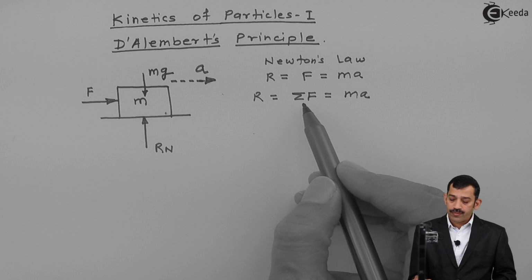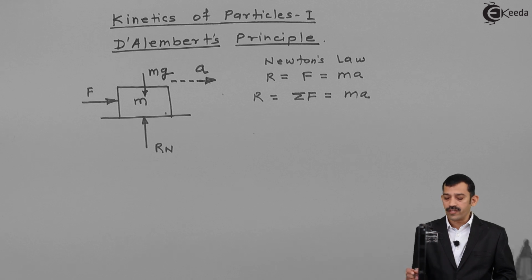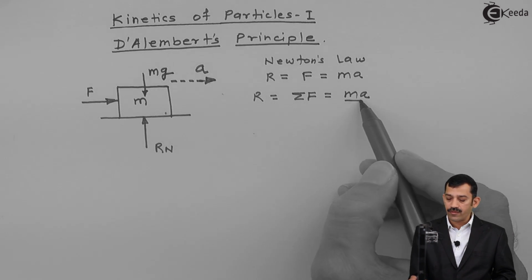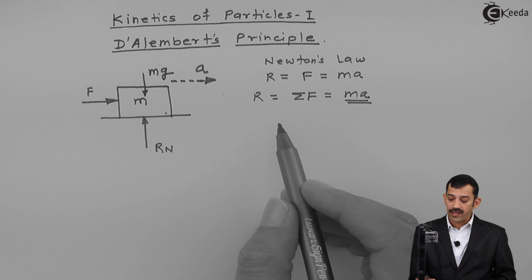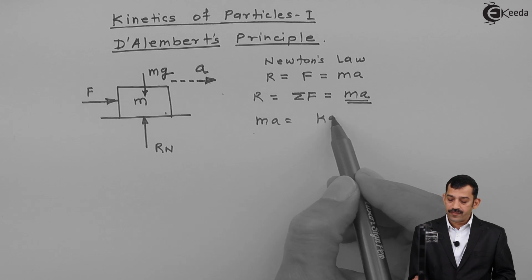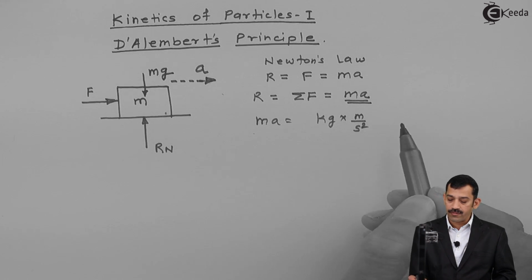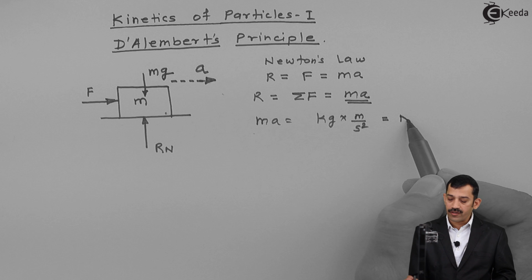Now the unit of force is Newton, the unit of mass is kg, and acceleration is in meter per second square. That means on the right hand side, the unit of ma is kg into meters per second square, which is nothing but Newton.